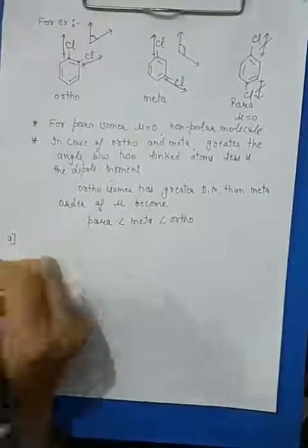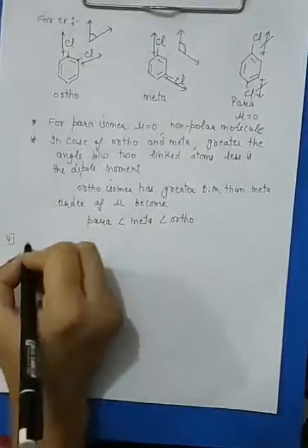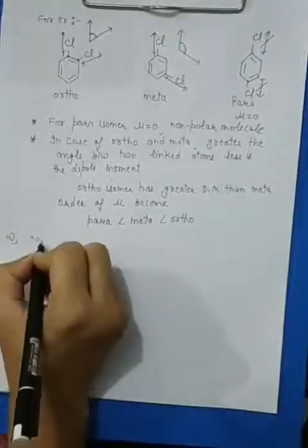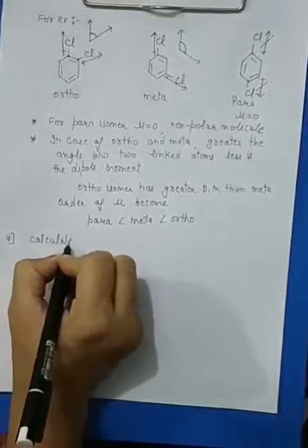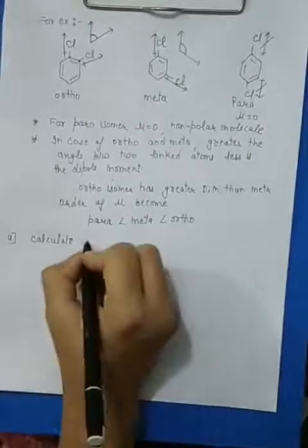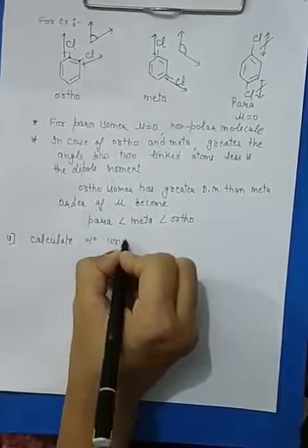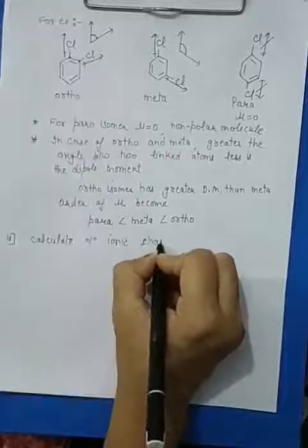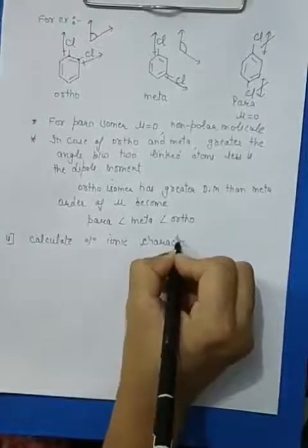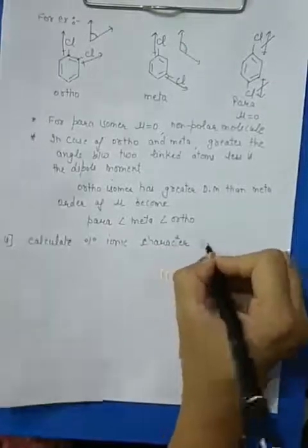Last application: dipole moment is used to calculate percentage ionic character in a molecule.